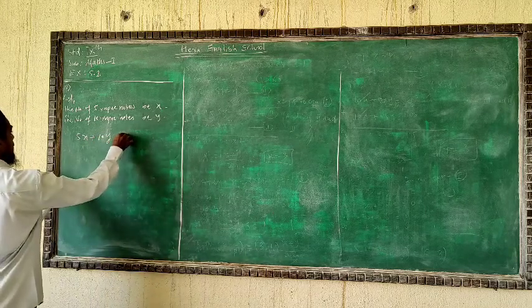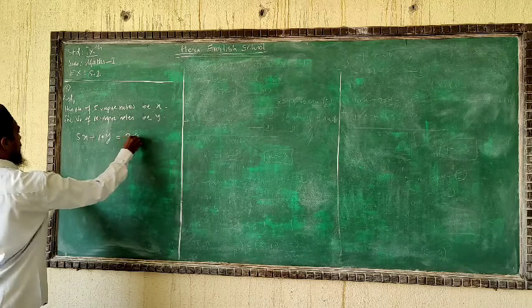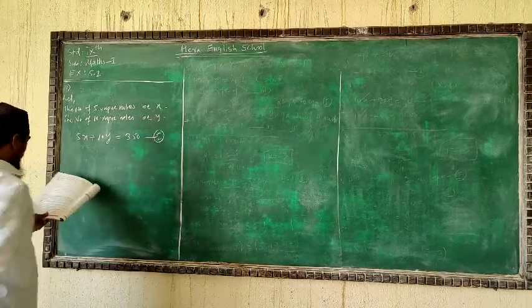If we add both the amounts, you will get 350. This is equation number 1.